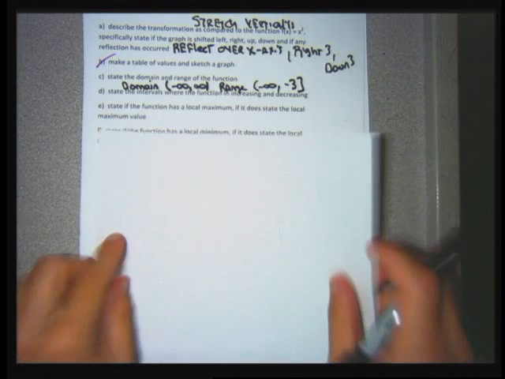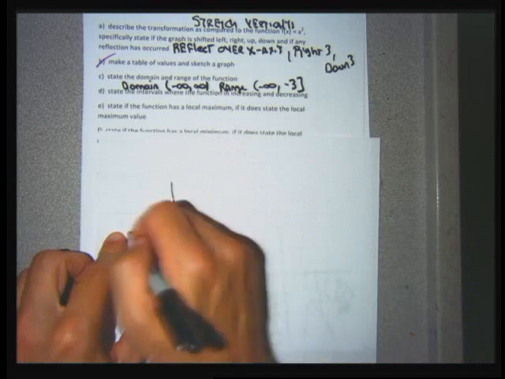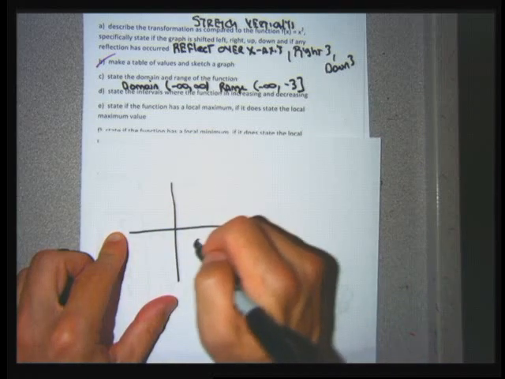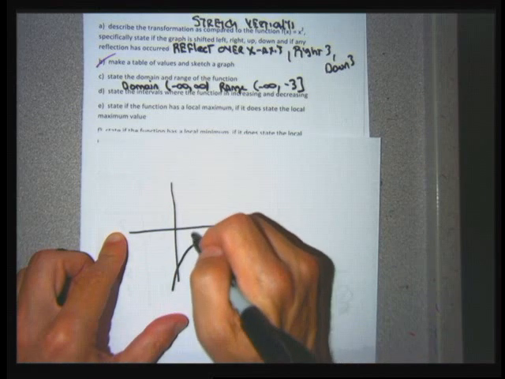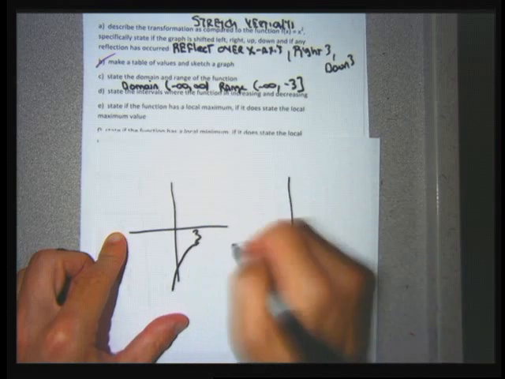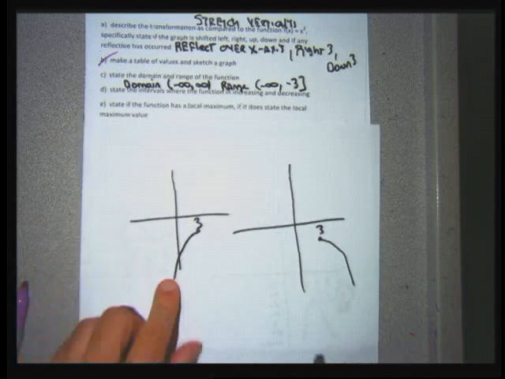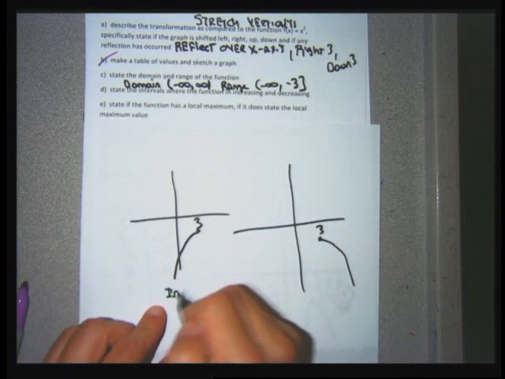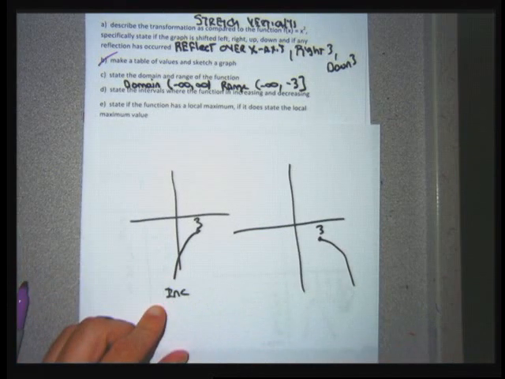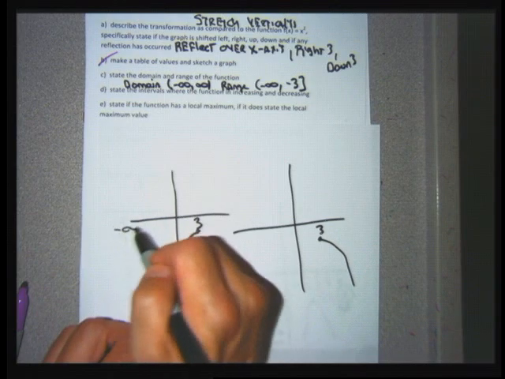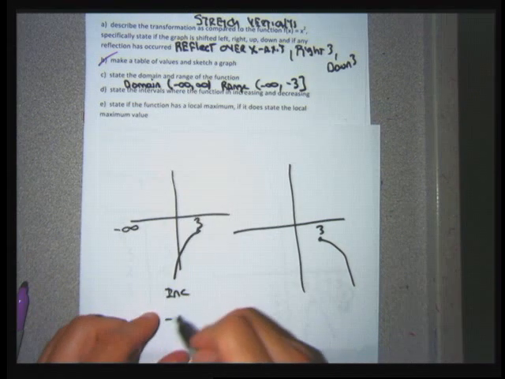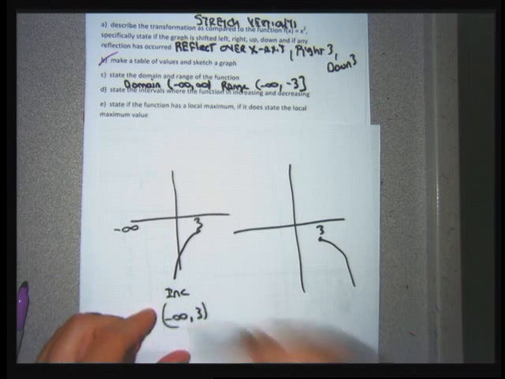When I go to do the increasing and decreasing, I look at this graph on either side of the vertex. So I've got this region and that region. This is the region where the graph is increasing, because as I go from left to right, it's increasing. It starts at negative infinity on the x-axis and goes up to 3 on the x-axis.